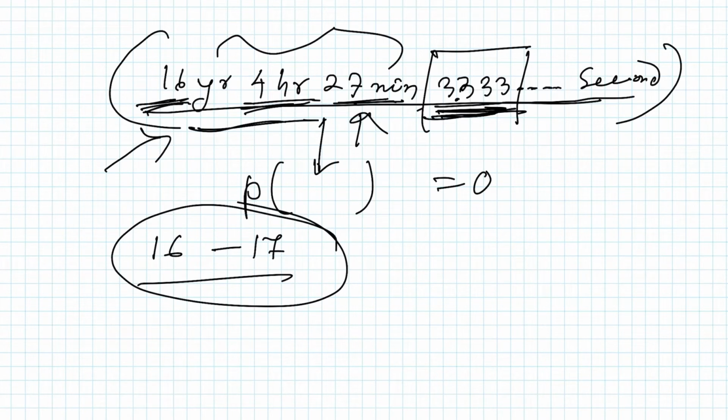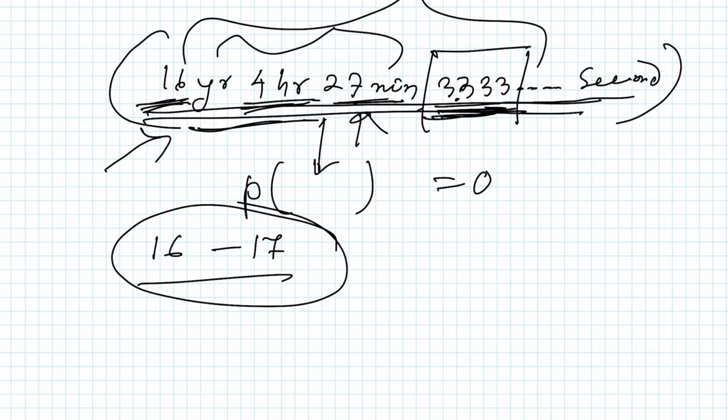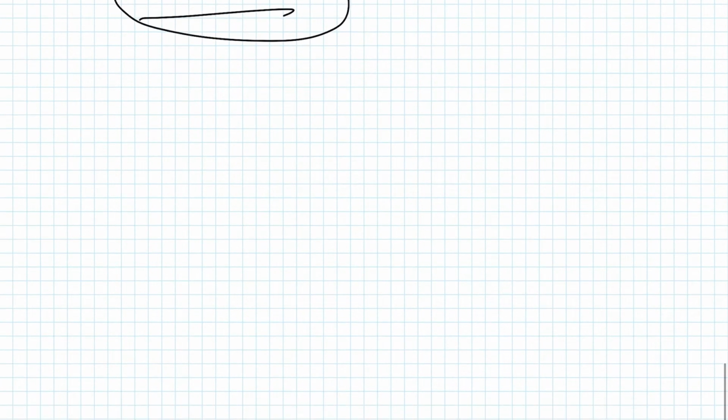Okay, within this range you can find, but you cannot choose people from the street of this particular age. So that's why here you see the probability of an individual.